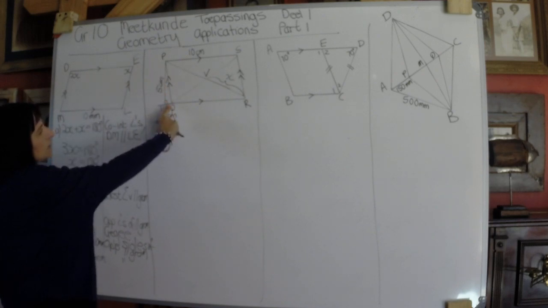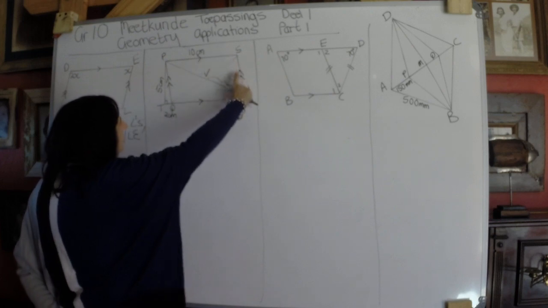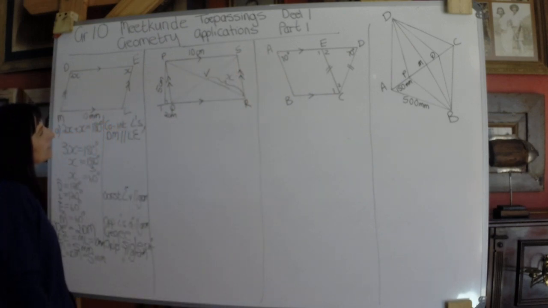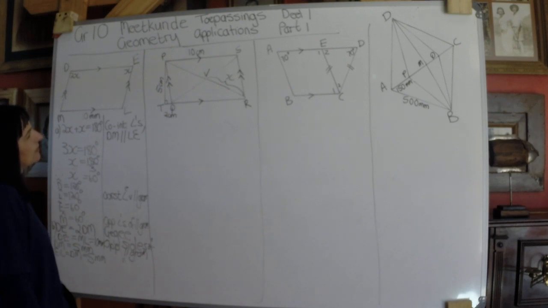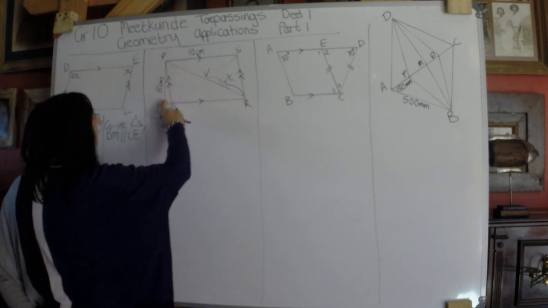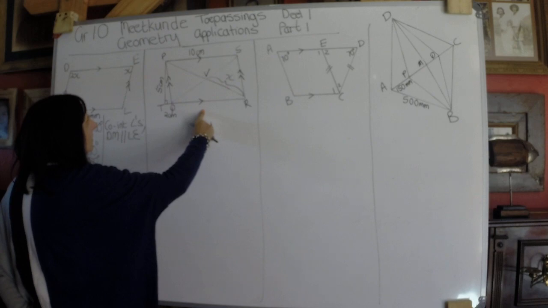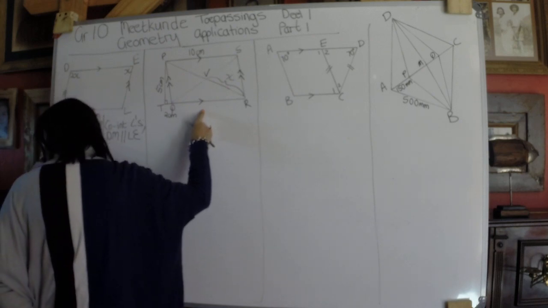If we've got the value of PQ, we know that's equal to SR. Then we need the size of VR, so we can calculate. We know that this is also 10 centimeters according to my knowledge of a parallelogram.